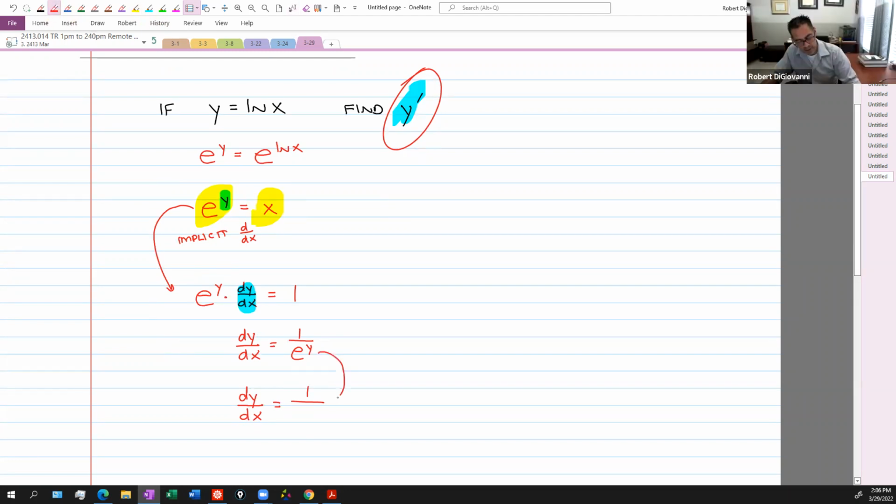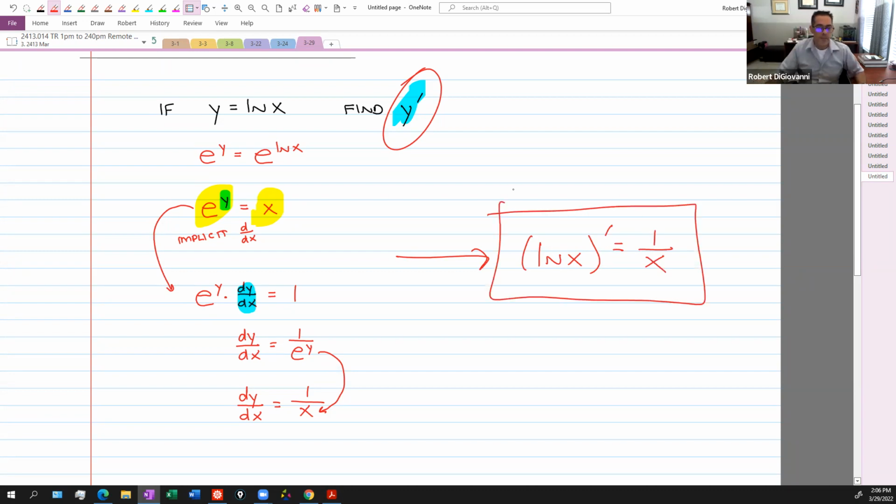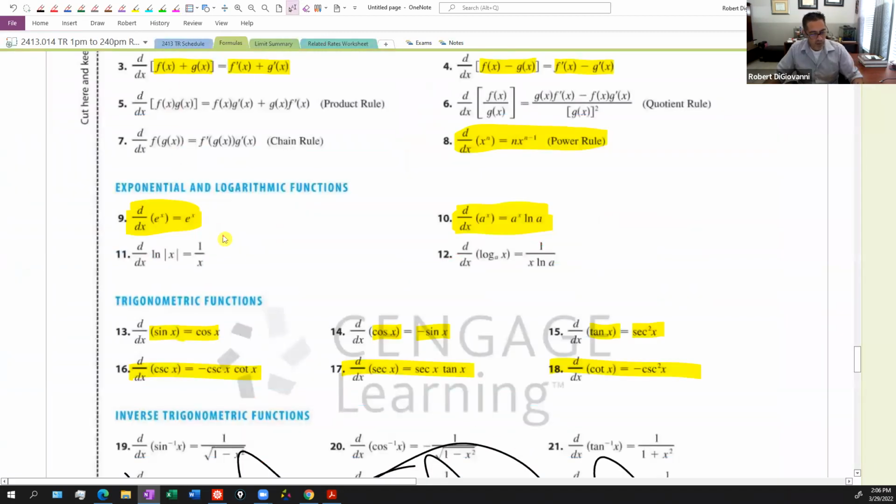So this is just x. In other words, if you take the derivative of the natural log of x, you get 1 over x. That's in your formula sheets. Well, they do the absolute value, but that's it right there. The derivative of the natural log of x is 1 over x.